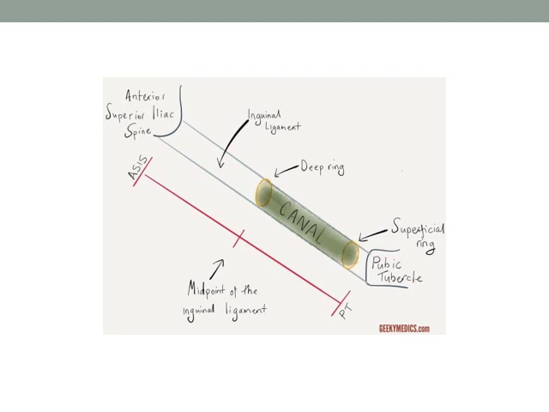So if you look at this slide, you will find that above and to the left is the ASIS, the anterior superior iliac spine, and below is the pubic tubercle. So the dark area is the inguinal canal, extending from the deep ring, which is a circular opening in the fascia transversalis, and the external ring, which is a triangular opening in the external oblique aponeurosis just above the pubic tubercle.